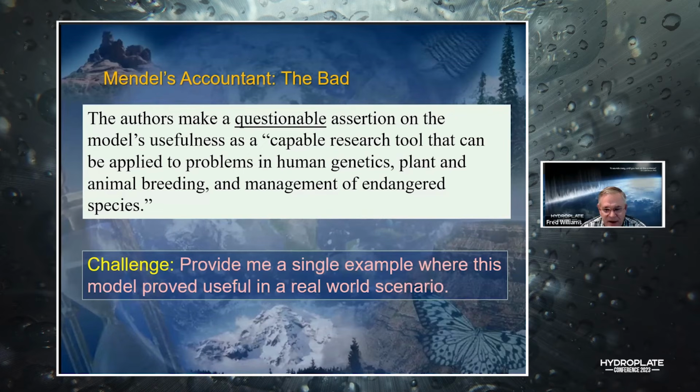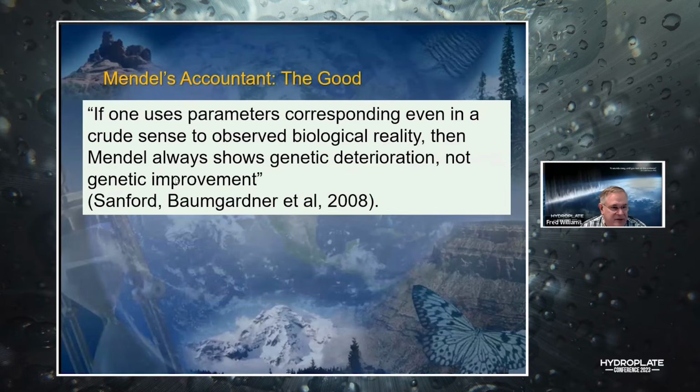And Randy Guliuzza and others at ICR want us to get away from relying so heavily on natural selection. And I agree with them. I think their take has much more engineering principles involved. And it makes the odds of this model successfully being used in human genetics, plant and animal breeding, there's no way. I question that.